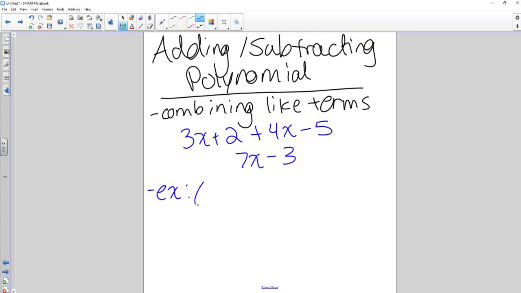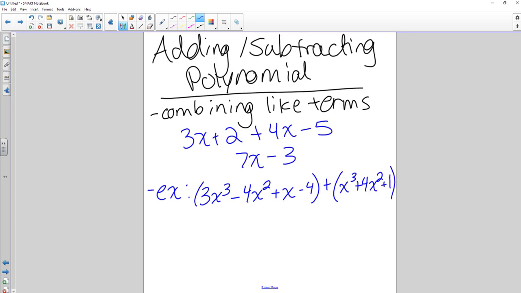So for this one, let's say I've got 3x cubed minus 4x squared plus x minus 4 plus the polynomial x cubed plus 4x squared plus 1.